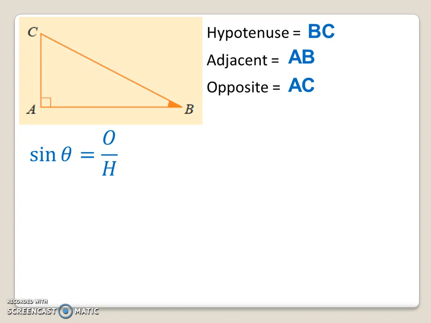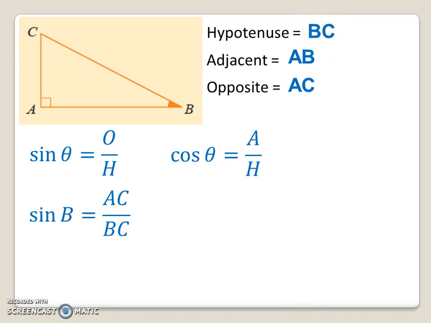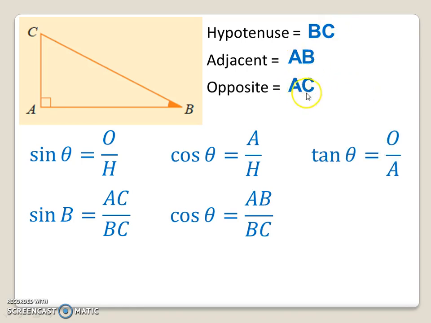So if we have to write out our sine, we take our opposite side, which is our AC, and we put it over our hypotenuse side, which is BC. For cos, we get the adjacent side, AB, and write it over BC. For tan, the opposite, AC, over AB. Can you pause the clip and just write this slide out as well, please?